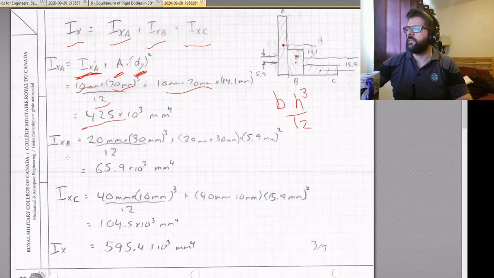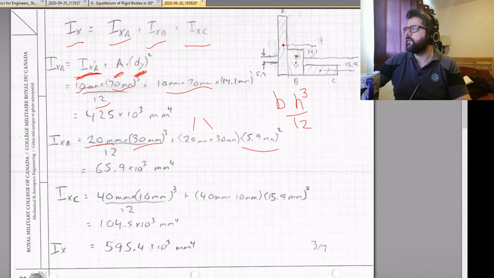The Ix for B here, similar idea. We've got the base 20 millimeters, the height 30 millimeters cubed, divided by 12, area, and then our dy squared.